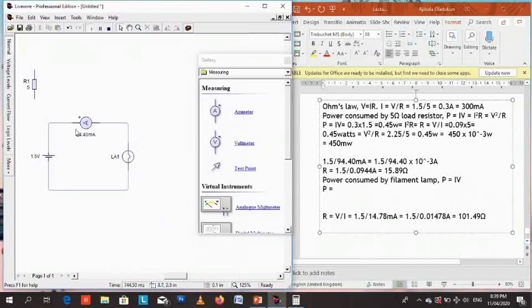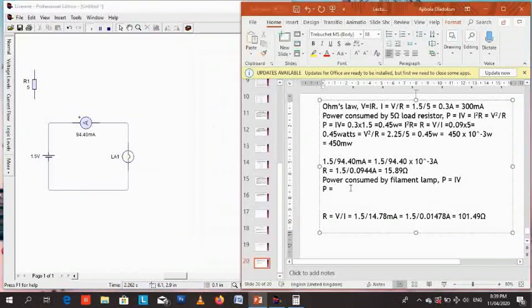So we plot a graph between your measured value and calculated value. The calculated value is an ideal case. There is no drop anywhere. In the ideal case, the voltage across the lamp should be 1.5 volts, but for some reason the measured value is a lot lower. That is why you run experiments and compare your measured value with your calculated value.